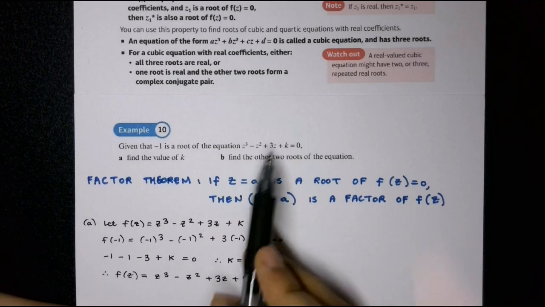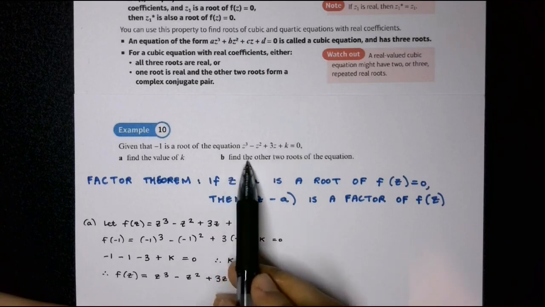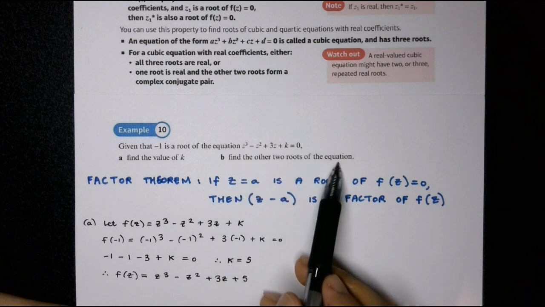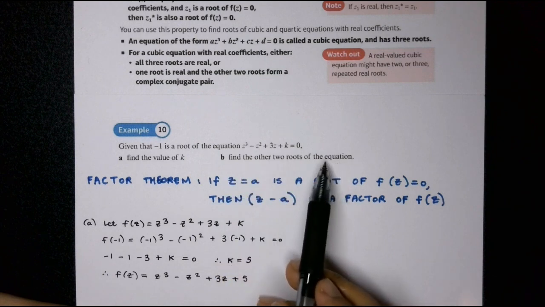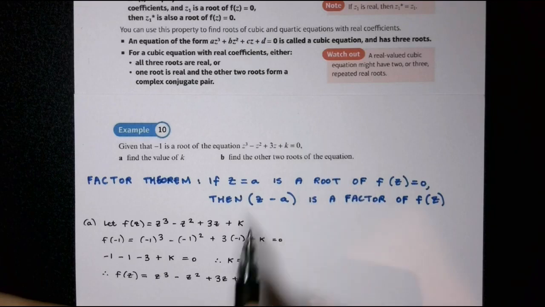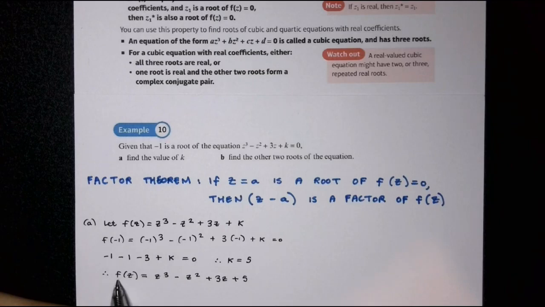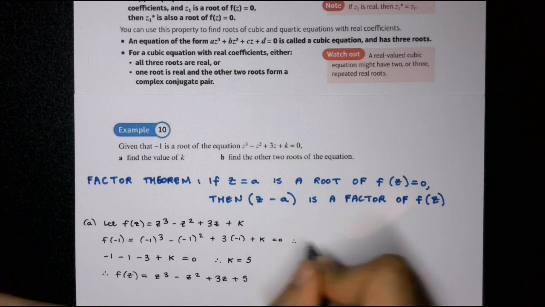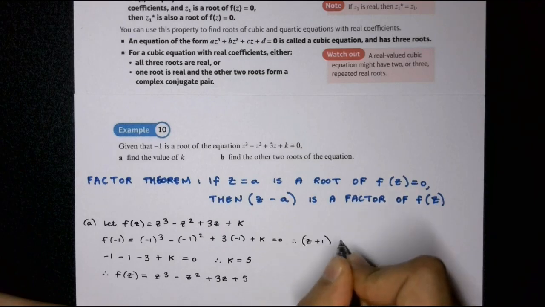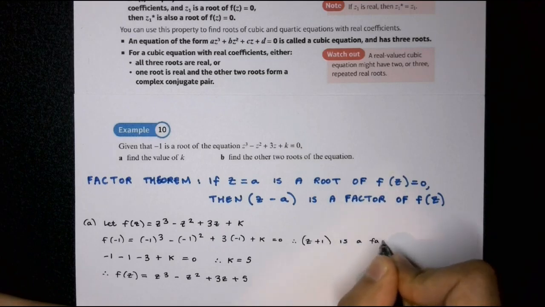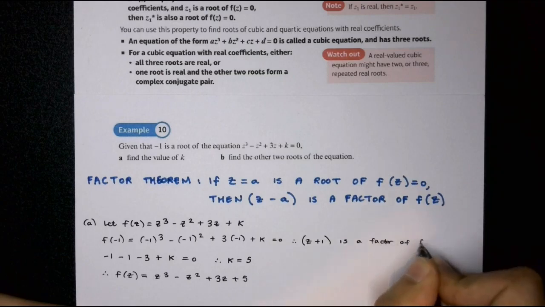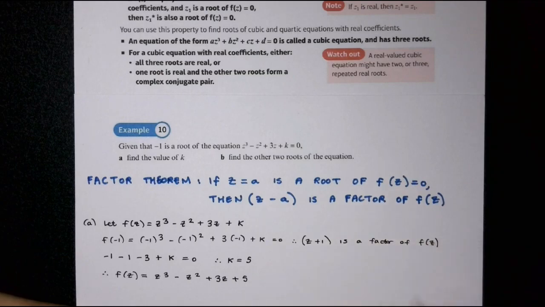And now for part B, we have to find the other two roots of the equation. Well, using the factor theorem, if we know that f of minus 1 is equal to 0, this would imply that z plus 1 is a factor of f of z.